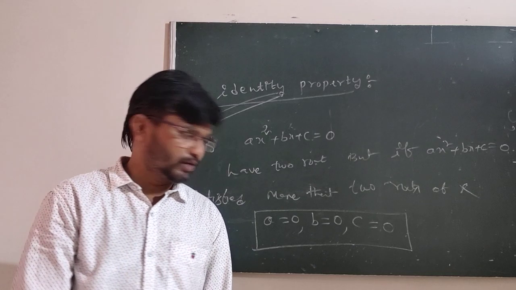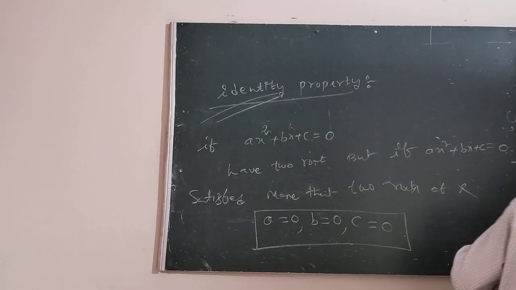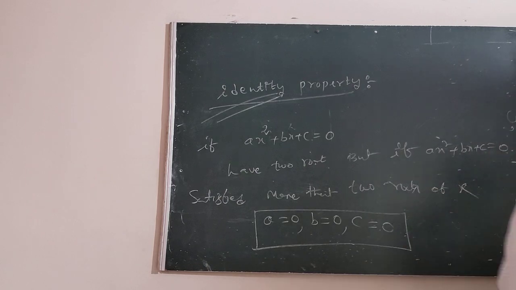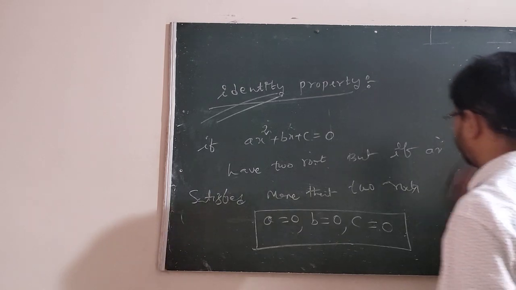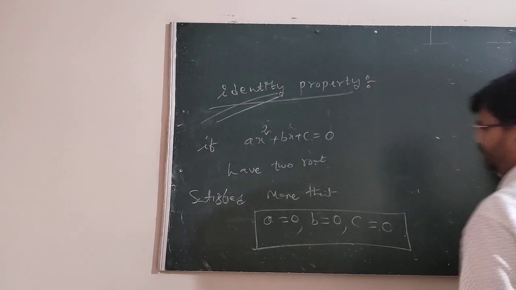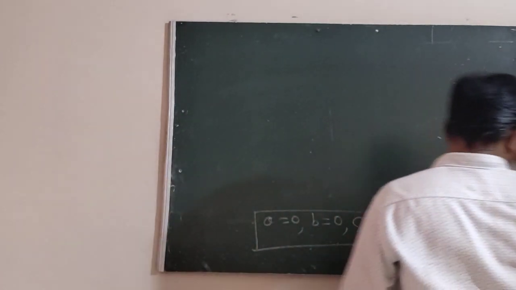If ax square plus bx plus c satisfies two or more distinct values, then it is called an identity. In this case, we have to take a equal to 0, b equal to 0 and c equal to 0.